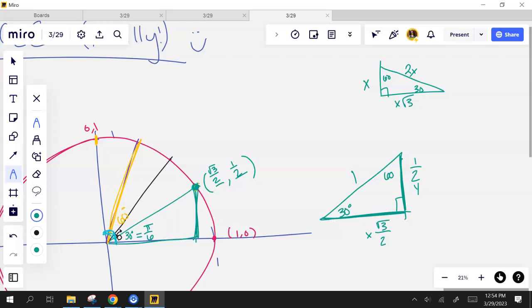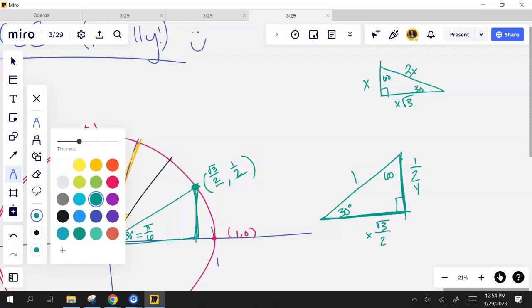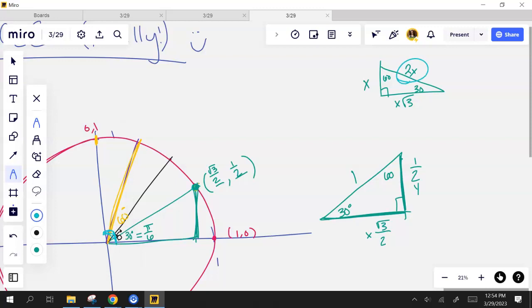So all we're doing on this one is we're going backwards. We're going from here to here and then using that to get to this, because the horizontal distance here gives me my x coordinate and my vertical distance here gives me my y coordinate.